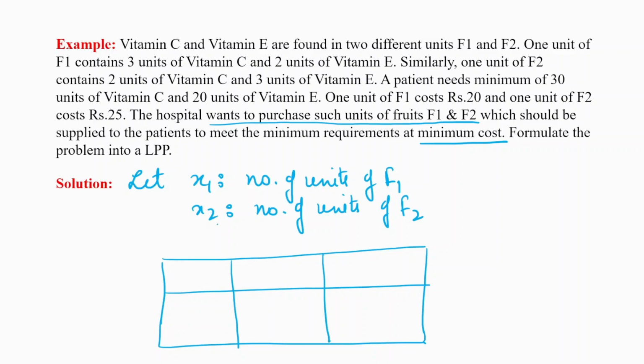So here we are talking about the fruits F1 and F2, and this is the vitamin C content, vitamin E content, and we are also talking about the cost.